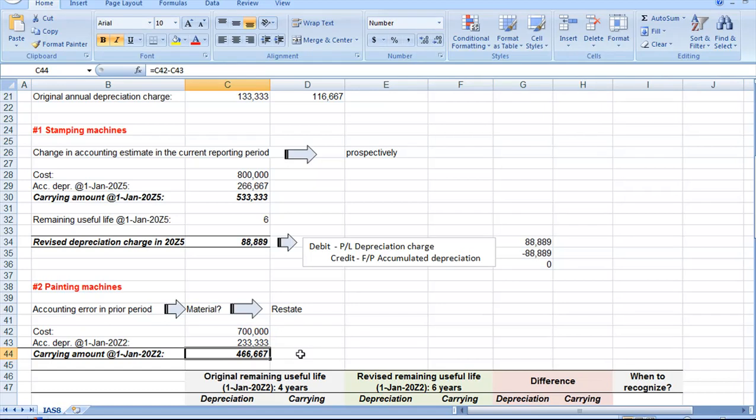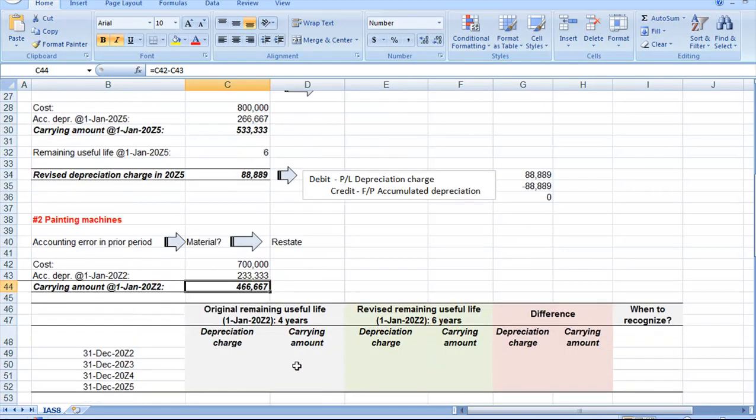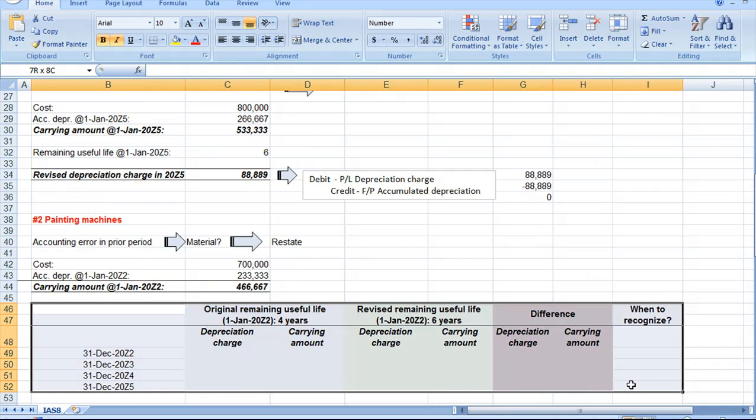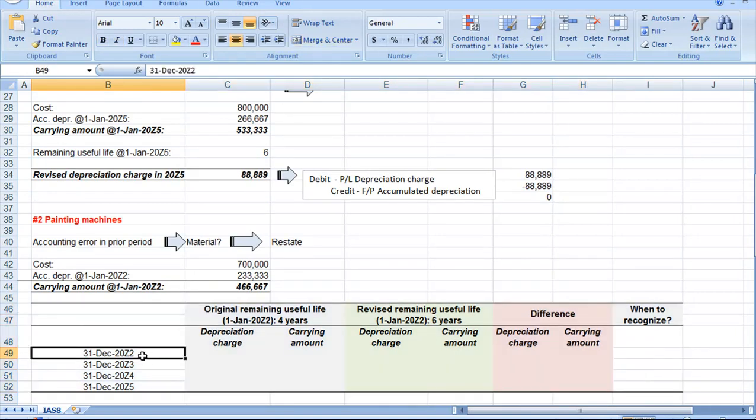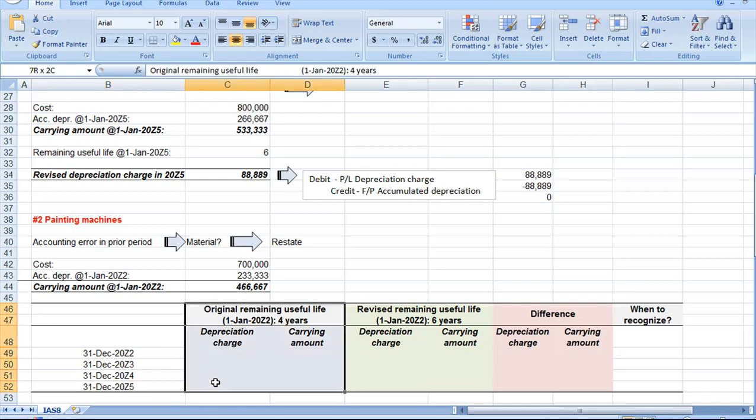Now, to make everything clear, I set up a simple table here where I will perform all the calculations year by year, starting with 2002 and finishing with 2005, the current period. In these columns, let's calculate what Volvo actually booked in the past, while numbers coming from the original remaining useful life, which was 4 years in the beginning of 2002.